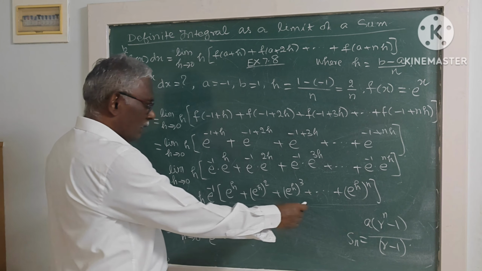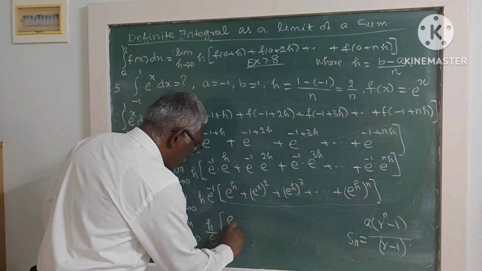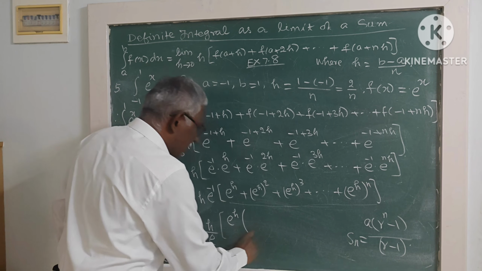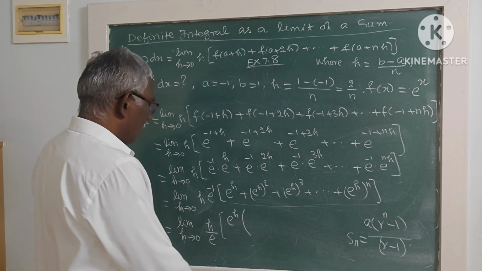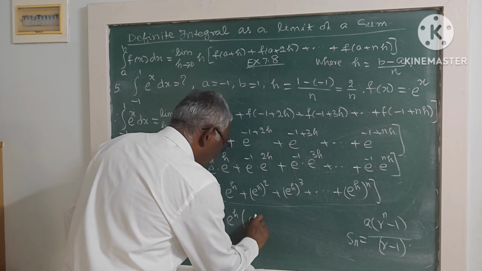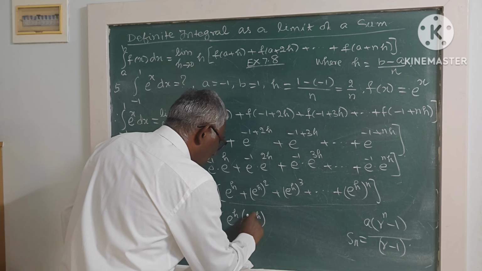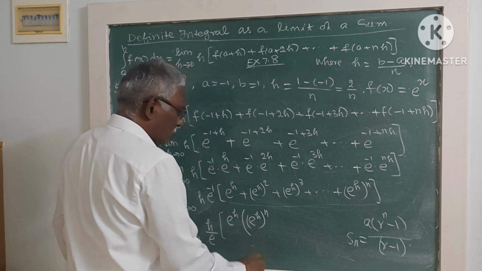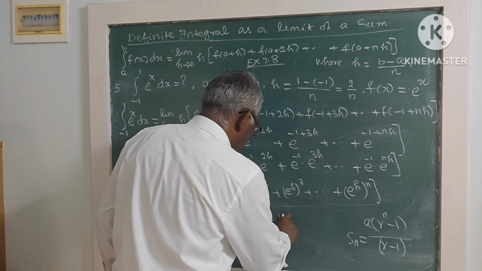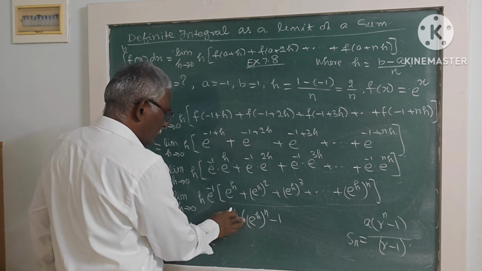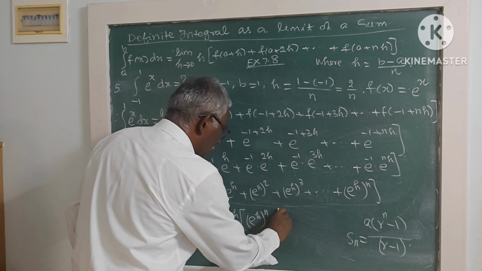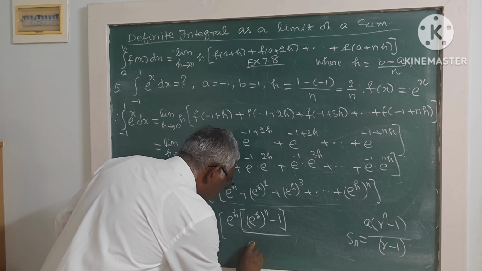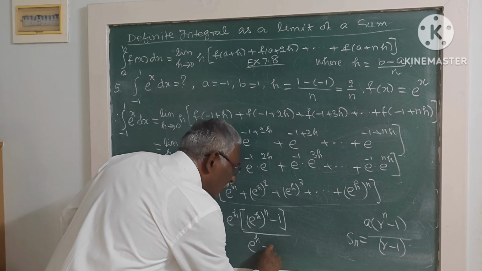So you can write e power h into r power n, e power h power n minus 1 by e power h minus 1.